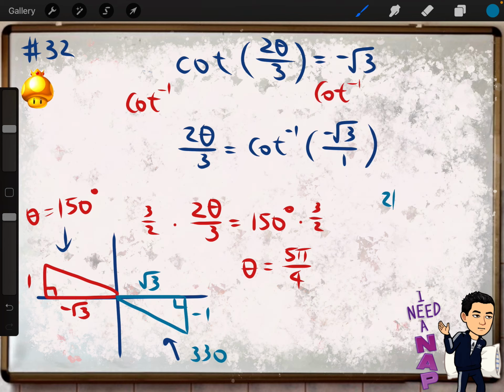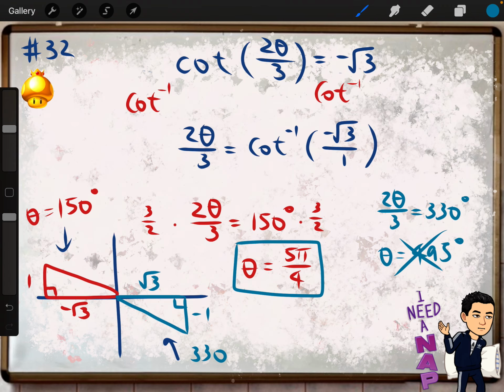So 2 theta over 3 equals 330 degrees. If you multiply by 3 halves, you get theta equals 495. 495 is not between 0 and 360, so that cannot be your answer. So your answer is going to be 5 pi over 4.